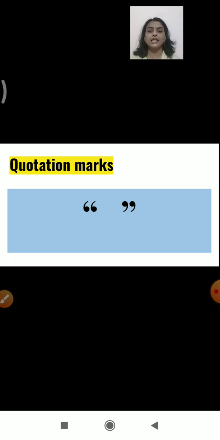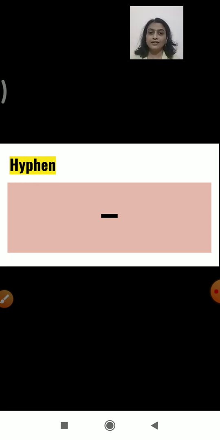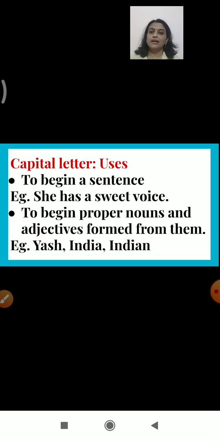It is also called inverted commas. Then colon, semicolon, hyphen. Okay, so these are some of the punctuation marks which we normally use in our day-to-day life, in our study also. Okay, now let's learn more about the punctuation marks one by one.